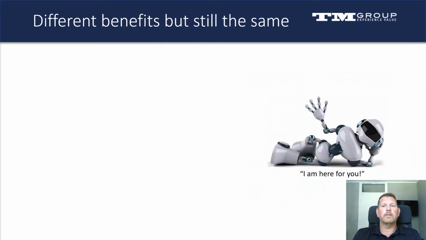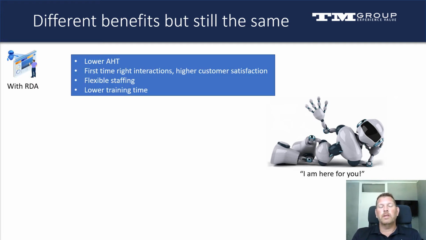If you look at the different benefits that you get from the different parts of the BPA, we see that with the RDA, the one for the agents and so on, we can actually lower the AHT, average handle time, for each call or interaction by guiding or steering, and sometimes automating the process for the agents. We also see that first time right in the interactions is a lot higher.